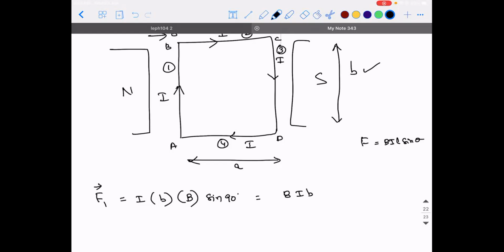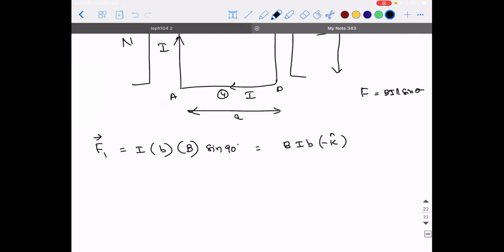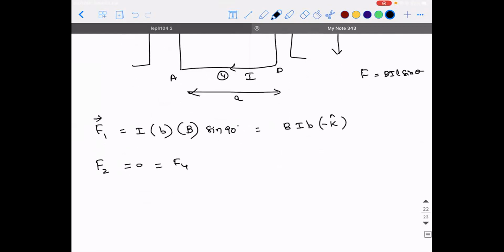Now, let's put the vector symbol on top of it. Now, tell me the direction. It will be downwards, sir. That's right. It is minus k. Force experienced by the second conductor is 0. Same is the case for the force experienced by the fourth. Then what is F3 vector, guys?